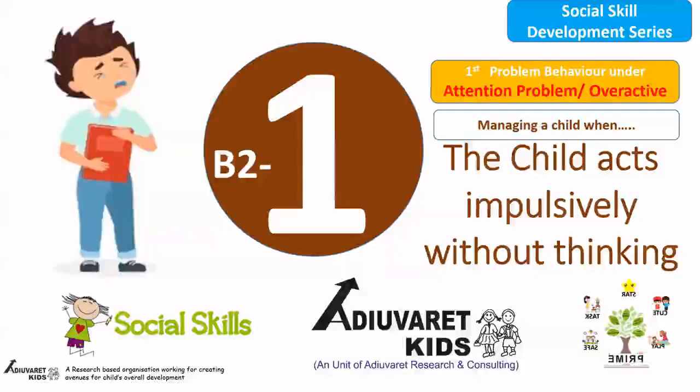So in this series of attention problem or overactiveness, we have got 8 checkpoints. Through these 8 checkpoints, we deal with various symptoms which indicate that such kind of problem may need to be taken care of adequately, and we parents or teachers should give a lot of attention to those symptoms to ensure our child is not having any kind of problematic behavior whatsoever.